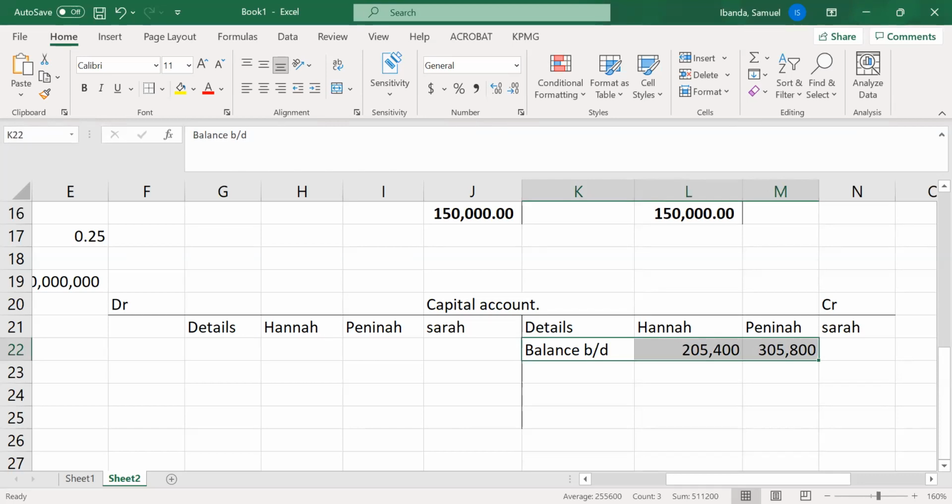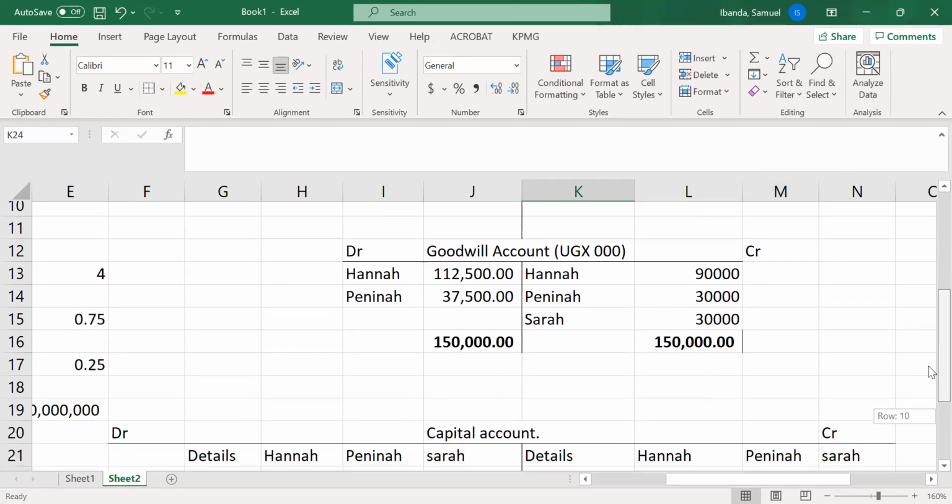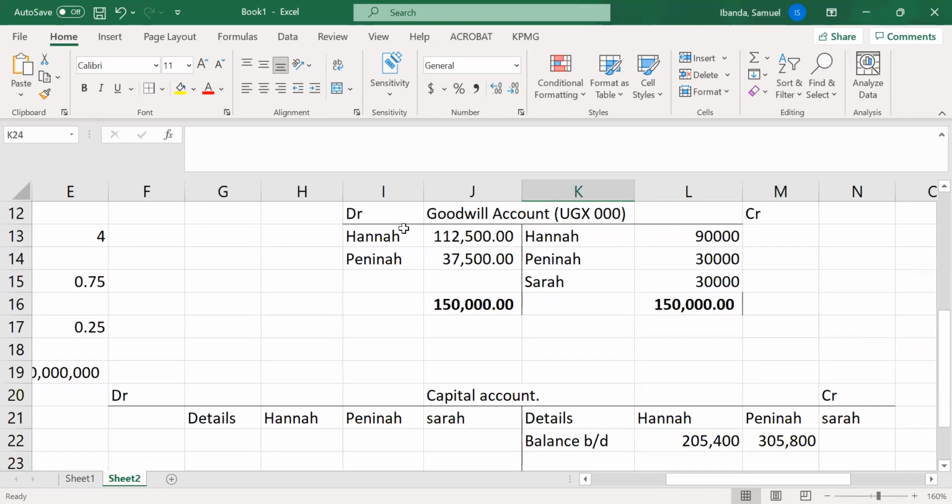Definitely it didn't remain in the books of accounts because they are using the memorandum revaluation method. But what that means is, remember when we were preparing our accounts, in the goodwill account we debited goodwill with these values.